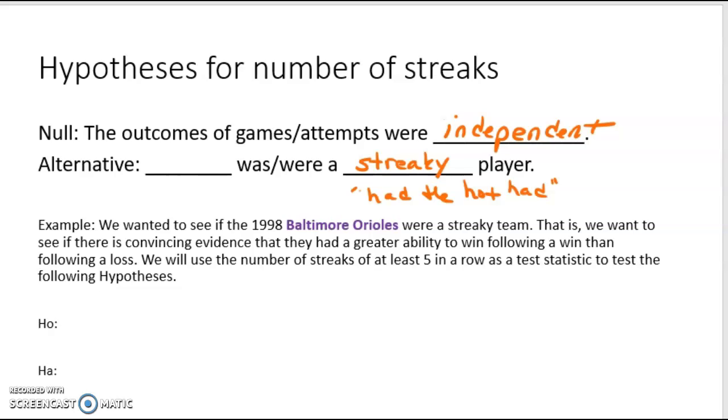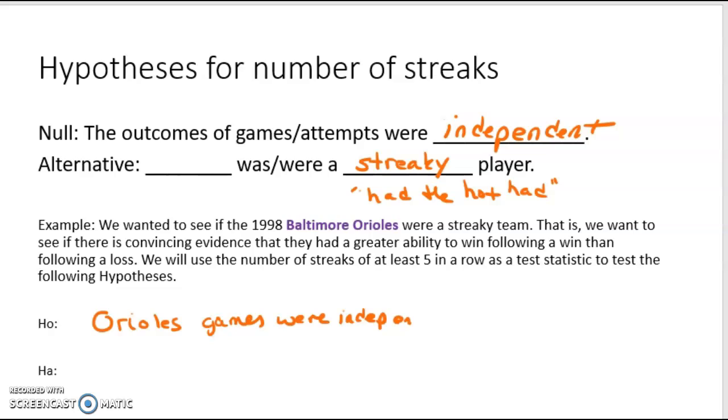So for the Orioles, 98, here we go. We will use the number of streaks of 5 in a row for a test statistic. If you're thinking about the null, you would just say something real simple like the Orioles games were independent.